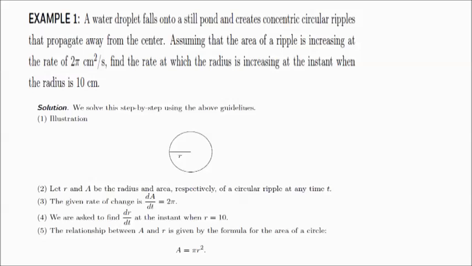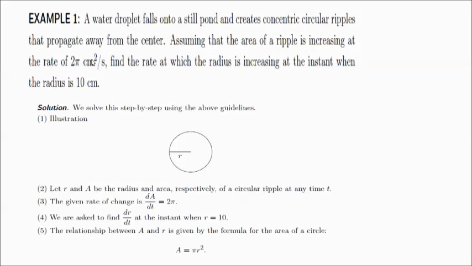I'm sure alam niyo yung ibig kong sabihin. Concentric means if there is a circle, there is a bigger circle and then a bigger circle. So concentric. Assume that the area of a ripple is increasing at the rate of 2 pi square centimeters per second.